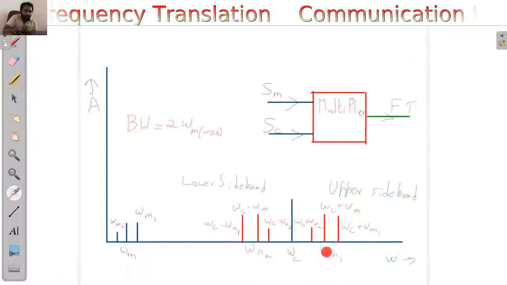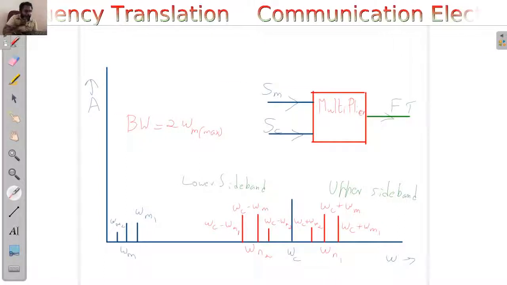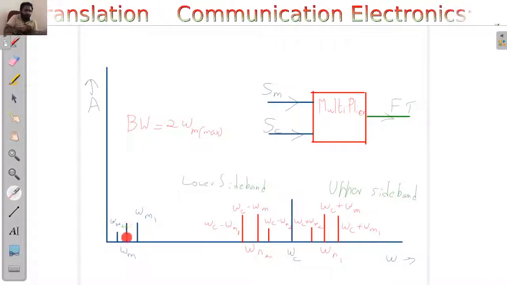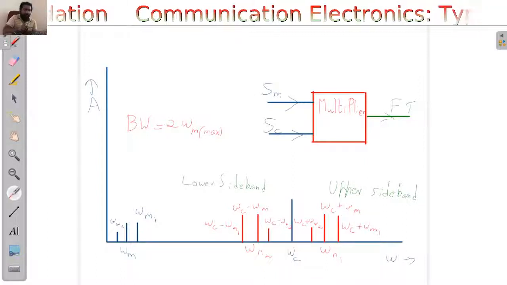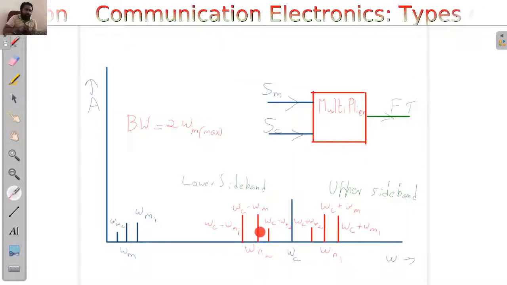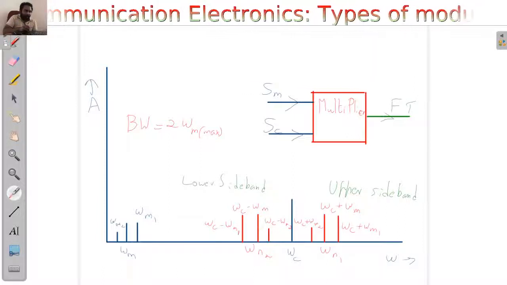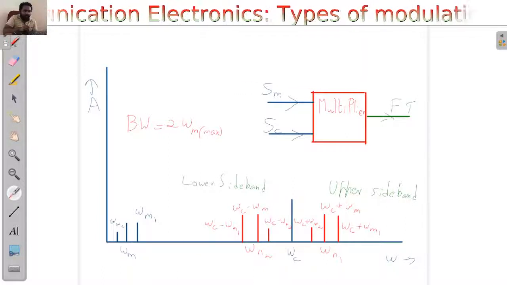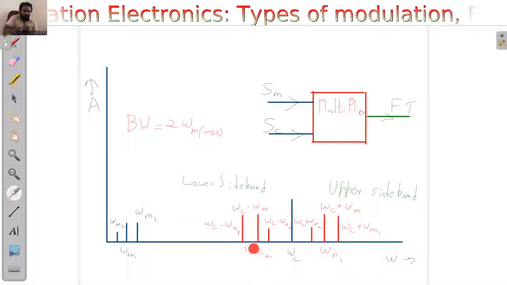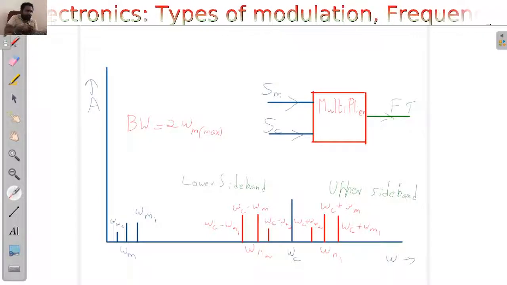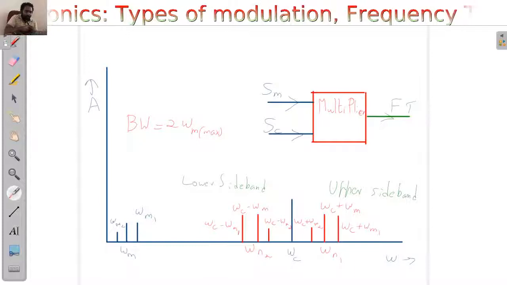The middle one is called omega n1, our previous notation, that represents the component due to omega m, that is omega c plus omega m, and omega n2 represents omega c minus omega m. The other components lying above and below omega n2 as well as omega n1 represent the components due to omega m1 and omega m2.